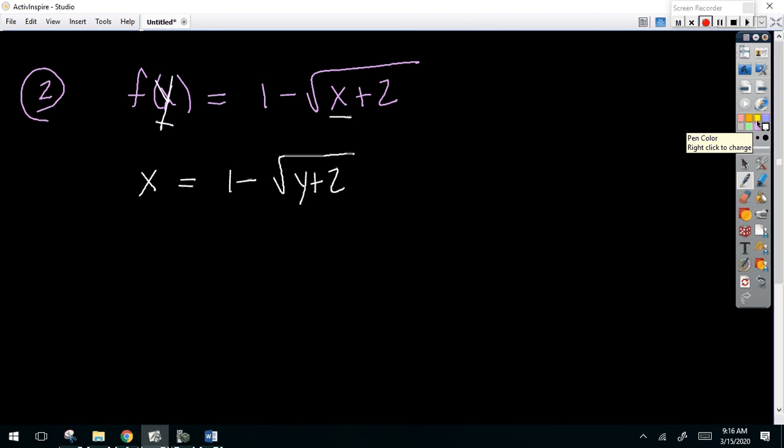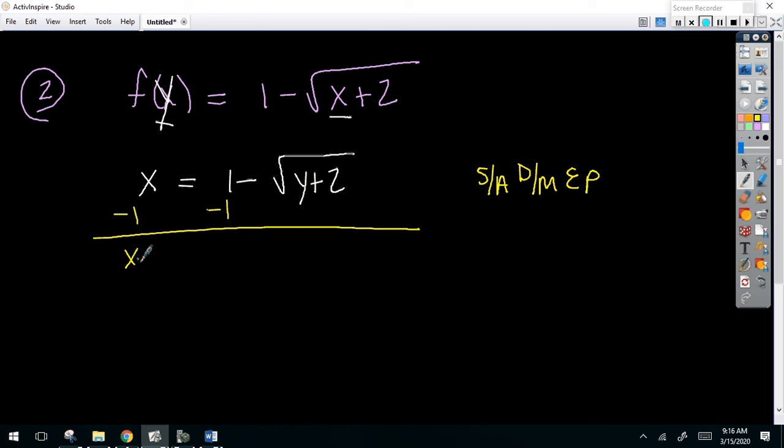So remember your order of operations. I'm going in the backwards order of operations here because I am solving and not simplifying. So what I want to do is subtract the 1 from both sides. Okay, so I get x minus 1 equals negative, and remember to keep that negative. That's going to be very important in just a minute. Square root of y plus 2.